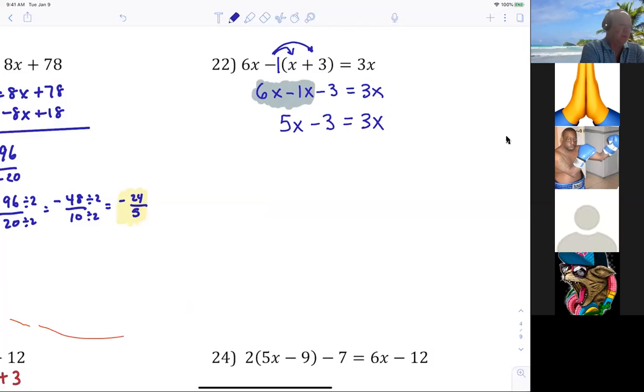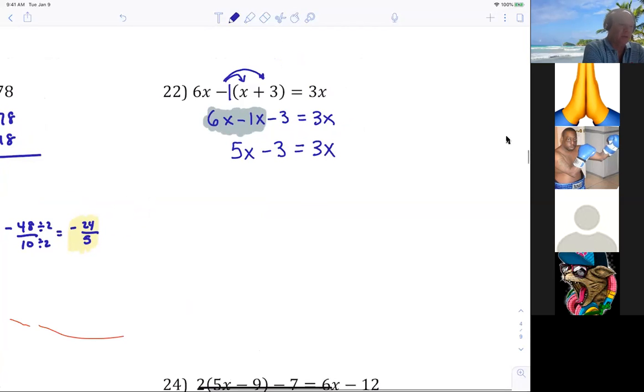Now, because you guys are smarter, I'm going to write something that I want you to listen to carefully. I already said variables go on the left and numbers go on the right. Sometimes it's easier to put the numbers on the left side and the variables on the right side.